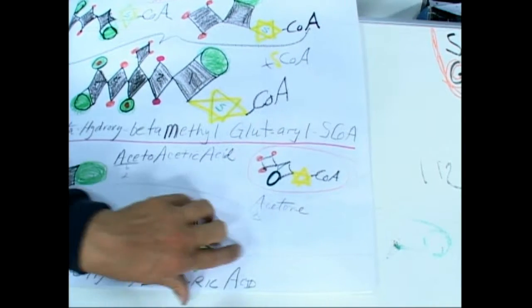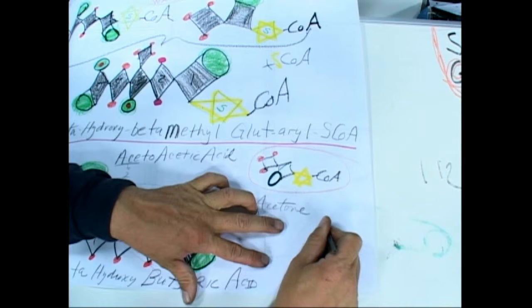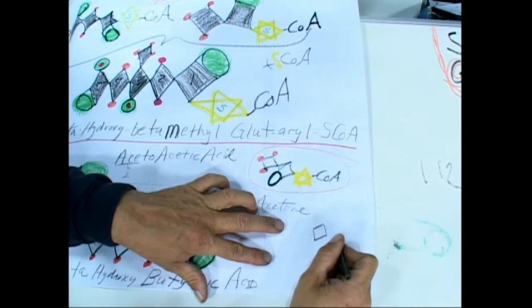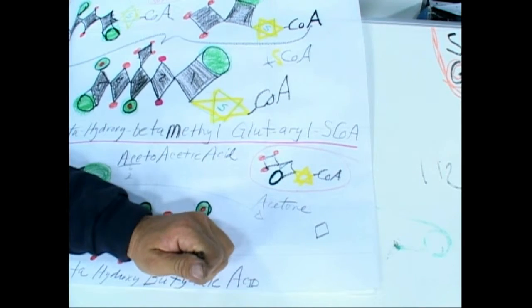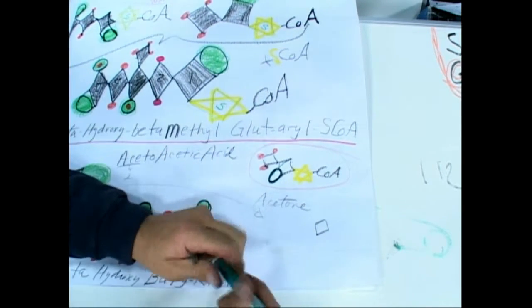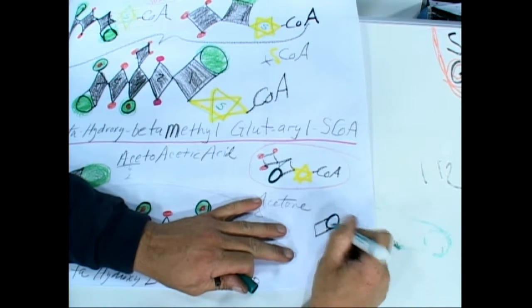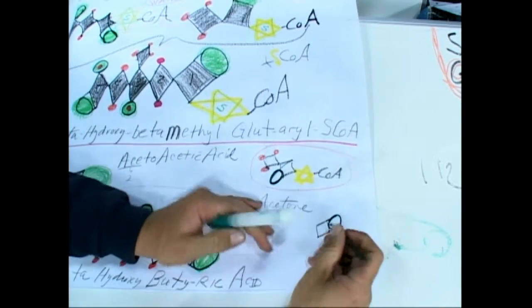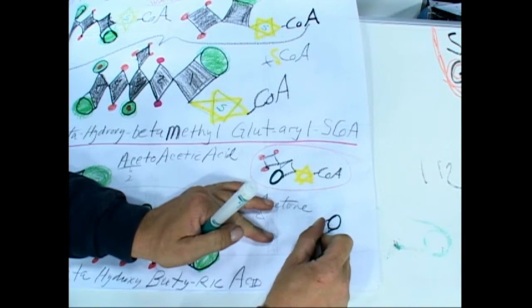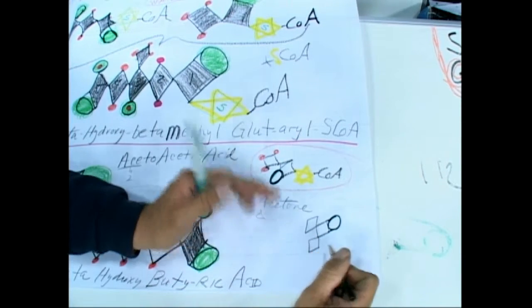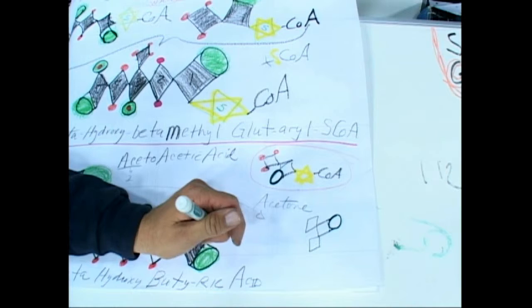So acetone, do we remember what acetone is? Carboxyl. Acetone is a ketone. So there's the keto group with 2 methyls off to the side. 1 diamond, 2 diamonds, methyls, so CH3.